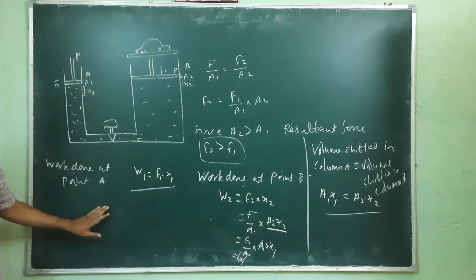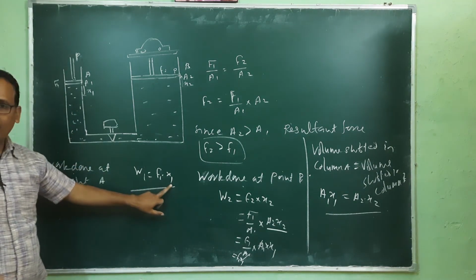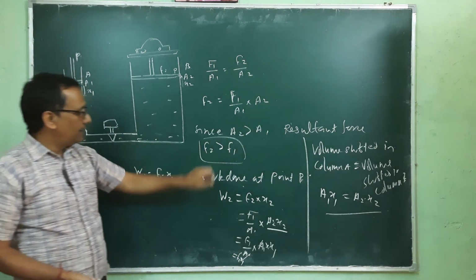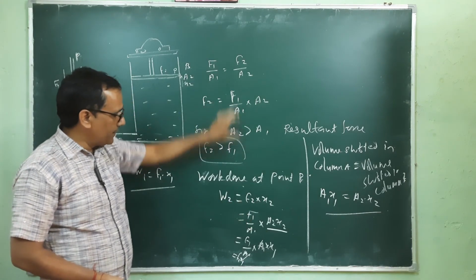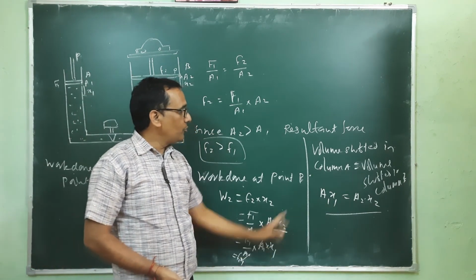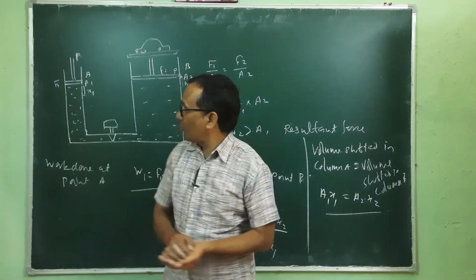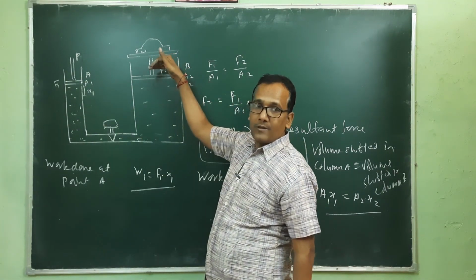Get the point? What we have performed? This work is F1 X1. Here the work done is F2 multiplied by X2, putting in this F2 from this. And what about A2 X2? Because the volume shifting in this column is identical to the volume rising in this column.